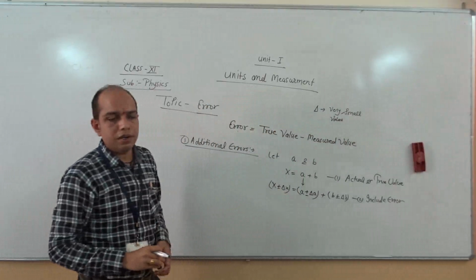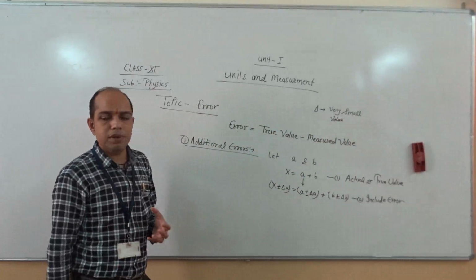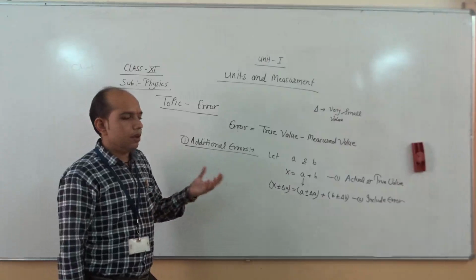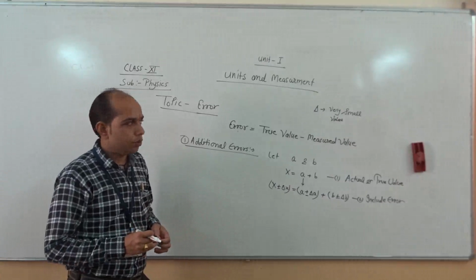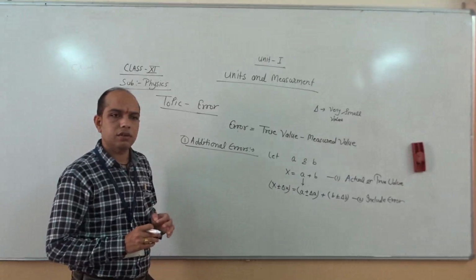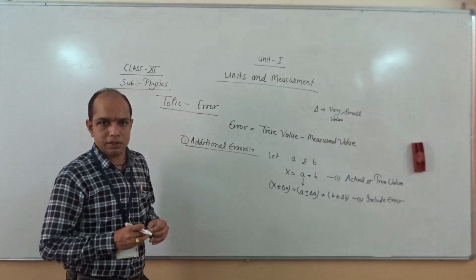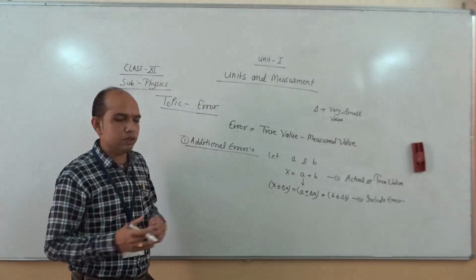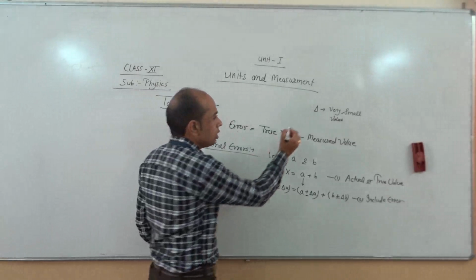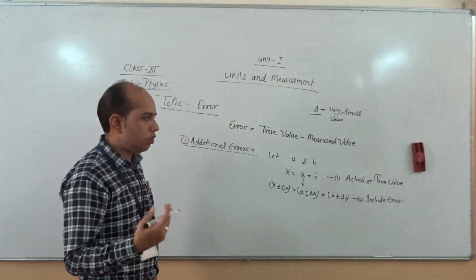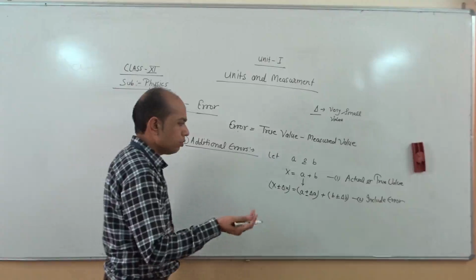The reason behind it is that errors may be very minute, otherwise the result is totally changed. So error is always slightly increased or slightly decreased, but there is not a vast difference. So here the del symbol denotes a very small value, maybe in points, 0.01, 0.0 something.